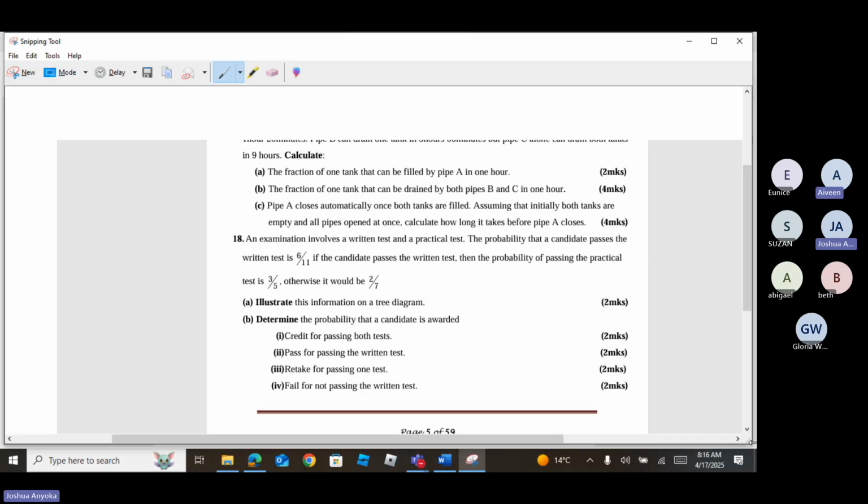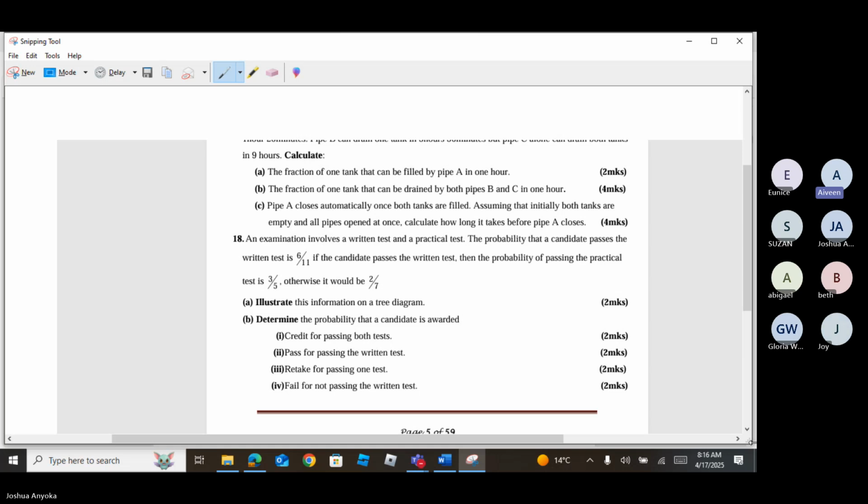An examination involves a written test and a practical test. The probability that a candidate passes the written test is 6 over 11.